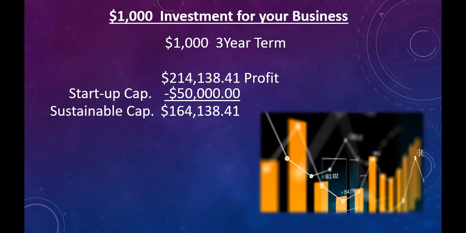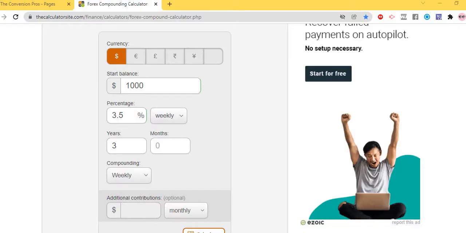Let's do that real quick. So our sustainable capital was 164,138.41.